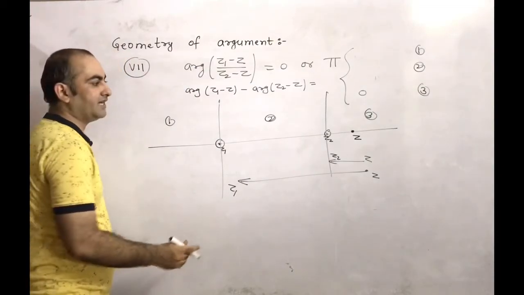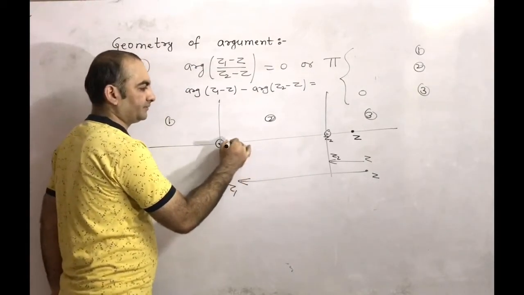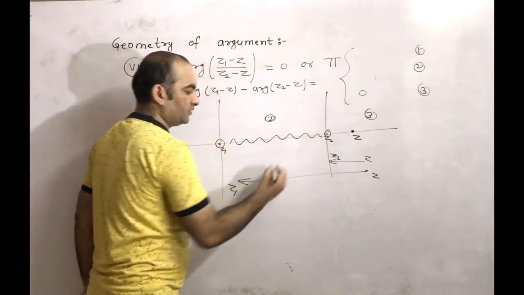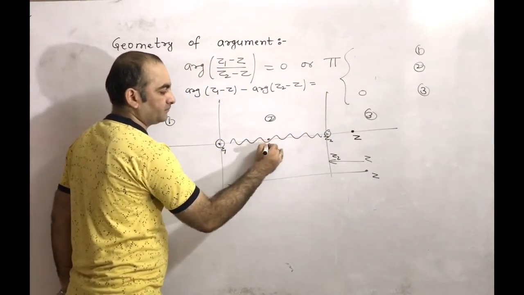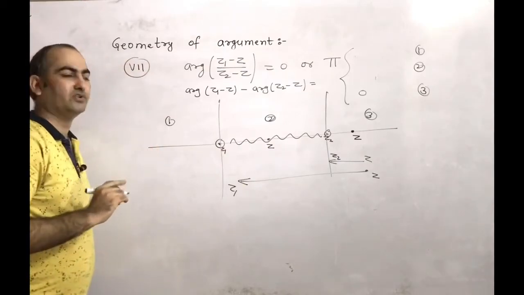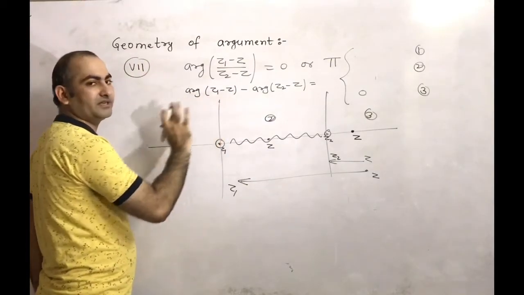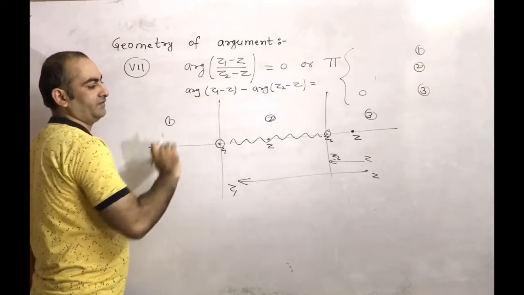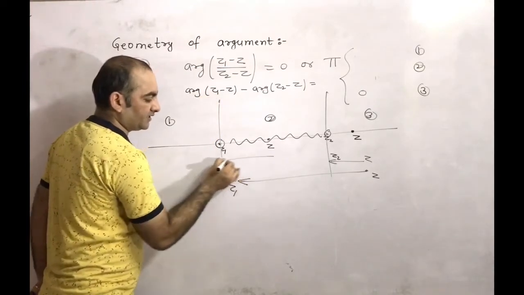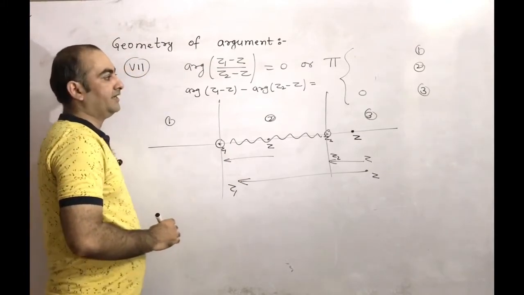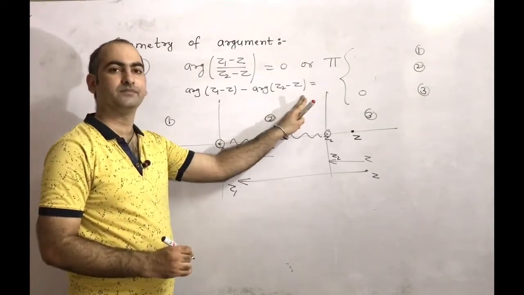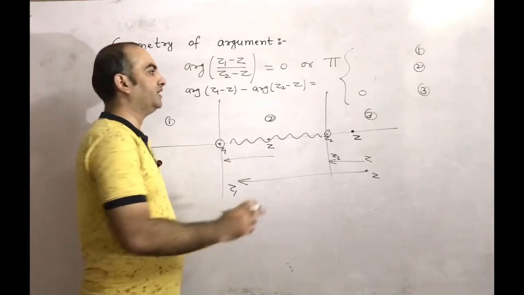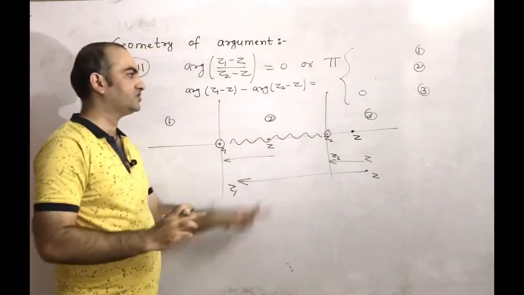Second, if z lies in the second section, we take z here. One by one we draw: the argument of z1 minus z is a directed line segment joining z1 and z, with direction towards z1, so it comes this side. Next, the argument of z2 minus z is a directed line segment joining z2 and z, with direction towards z2.